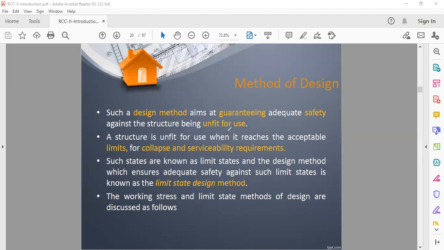A structure is unfit for use when it reaches the acceptable limit for collapse and serviceability requirements. Such states are known as limit states, and the design method which ensures adequate safety against such limits is called limit state design. So the working stress and limit state methods are what we can discuss.